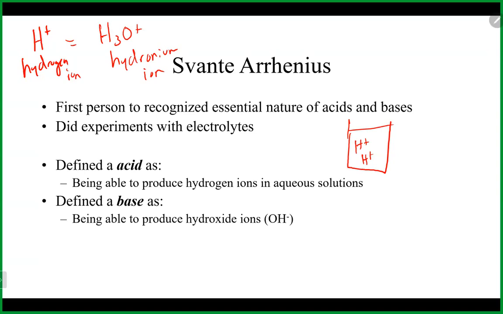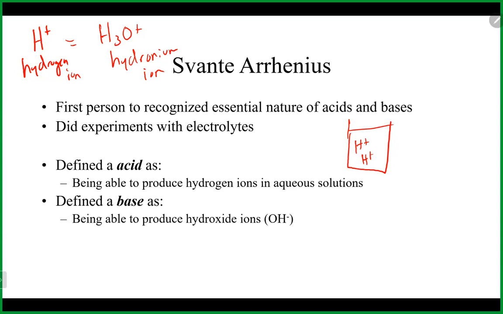I personally use H+ most of the time, but a lot of books will use H3O+. So almost anywhere I put H+ in this chapter, in a formula or an equation, you could substitute H3O+. They really mean the acid part of the solution. So H+ and H3O+ are interchangeable in acid-base chemistry.